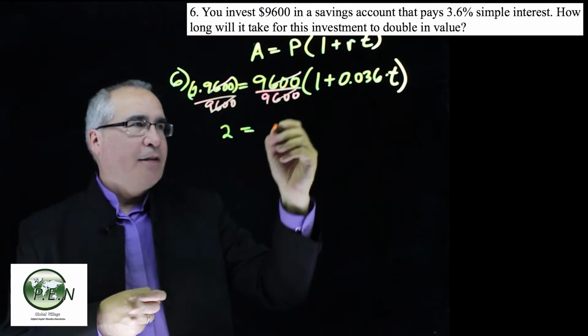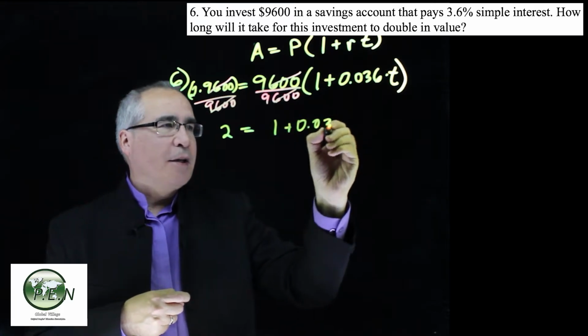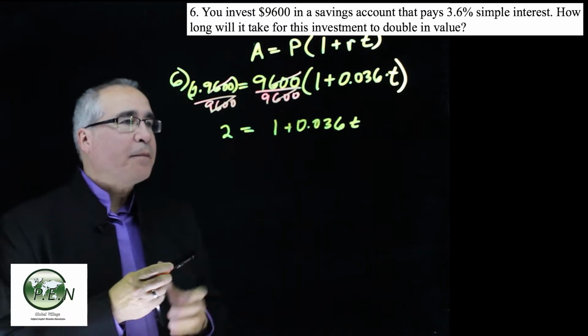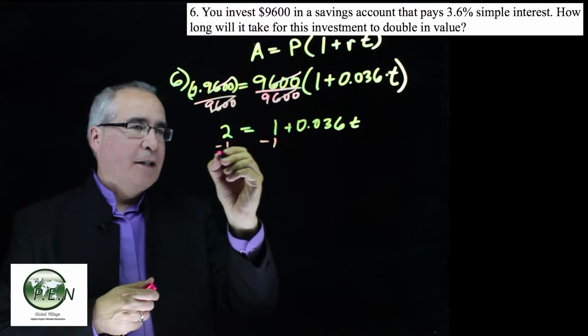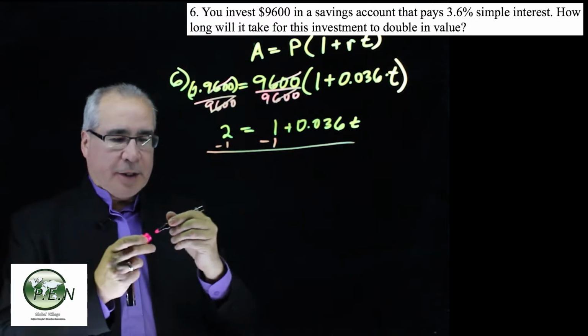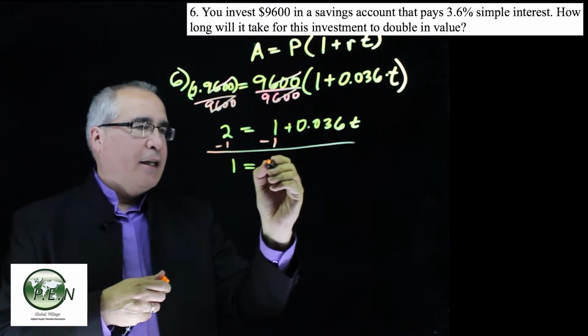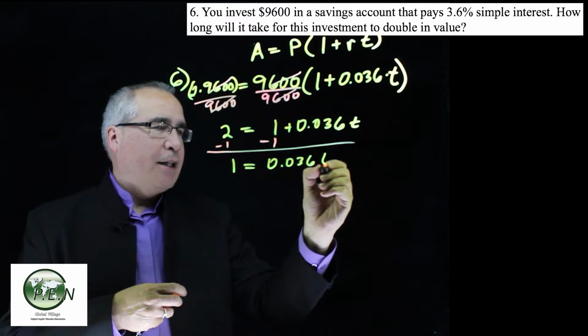Okay, and so since this is gone, we just have 1 plus 0.036t. We can subtract 1 from both sides. Again, taking us back to the algebra. That gives us 1 equals 0.036t.